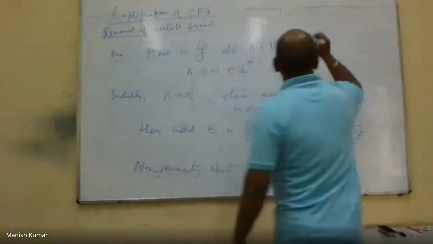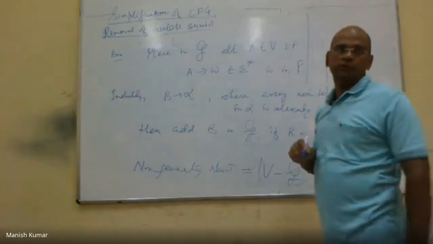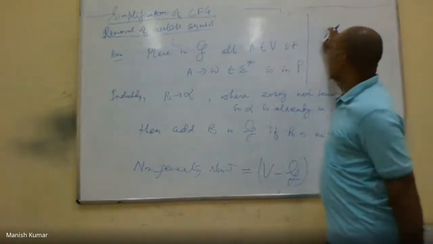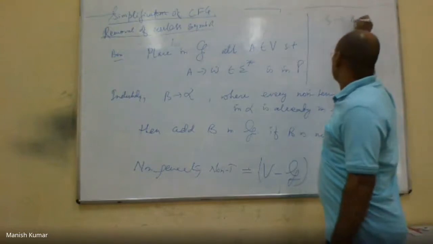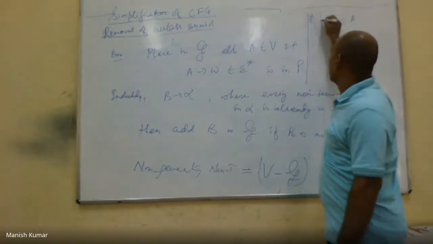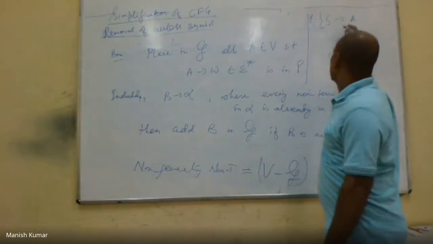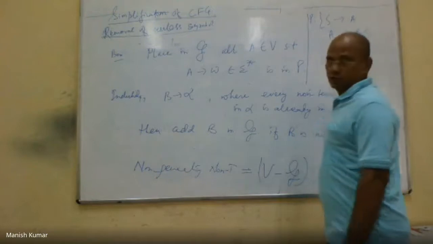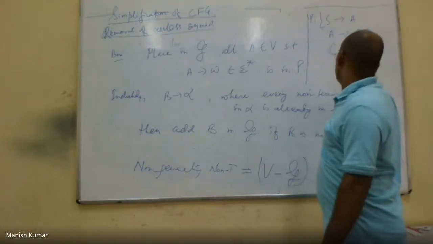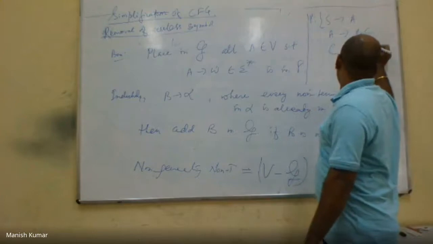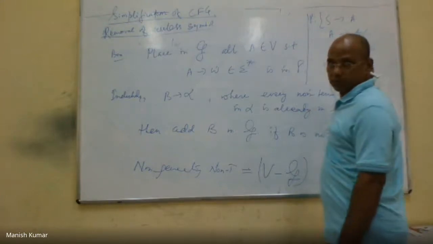See, what we are trying to do is very simple. I'm giving you a simple example. This is your production rules. Say A goes to B, C. Say C goes to A, B, C, something like this.